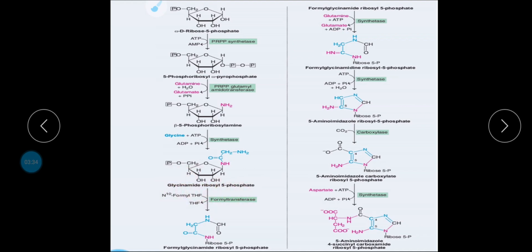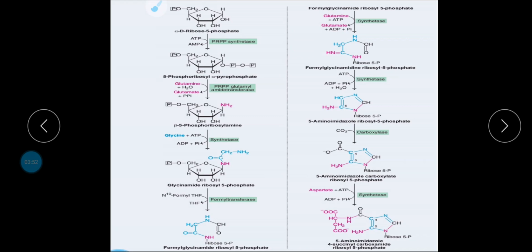In the next step, this phosphoribosylamine gets converted to glycinamide ribosyl 5-phosphate. Now glycinamide, as the name suggests, the glycine enters here and with the help of synthetase enzyme and ATP, this glycine gets attached to the amino group to form glycinamide ribosyl 5-phosphate.